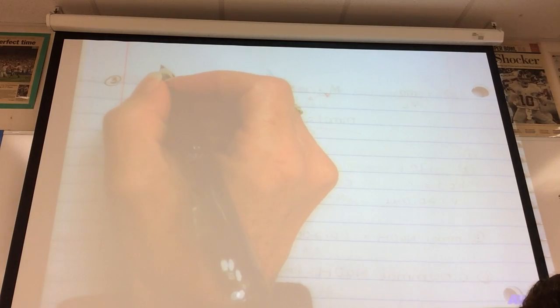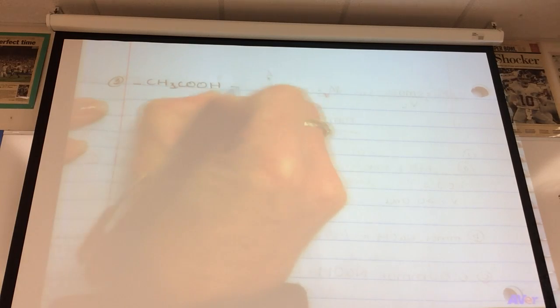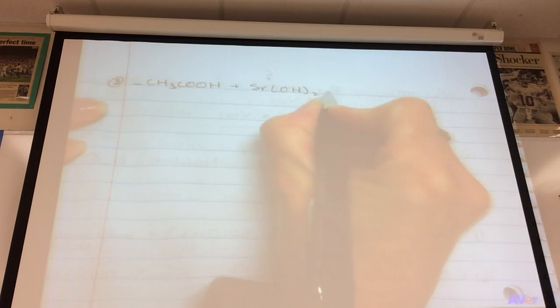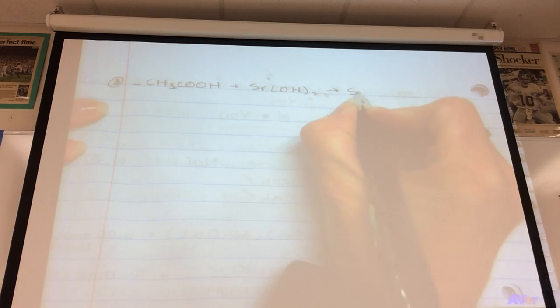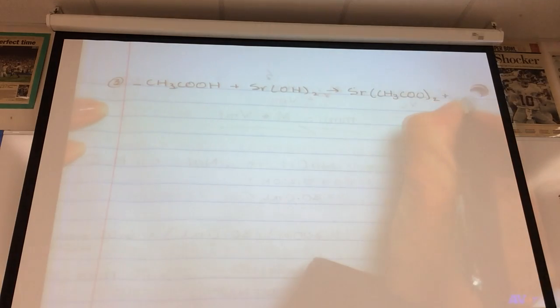The equation is going to appear a little bit odd. I won't give you acetic acid on your test in a titration. You've got acetic acid reacting with strontium hydroxide. You're going to generate strontium acetate and water.